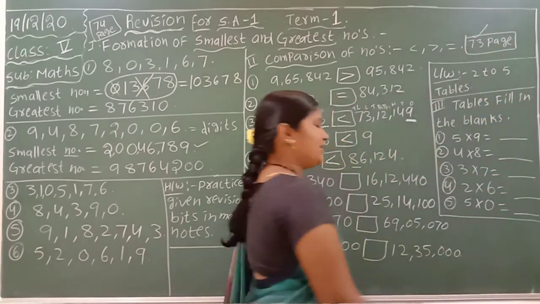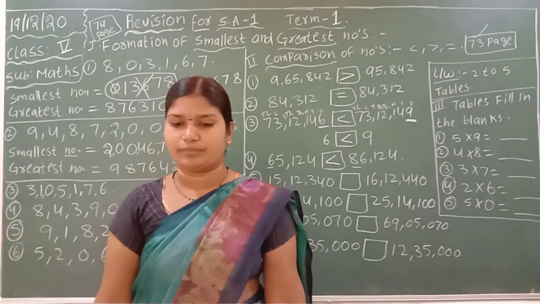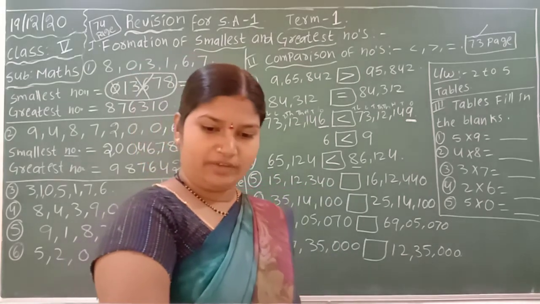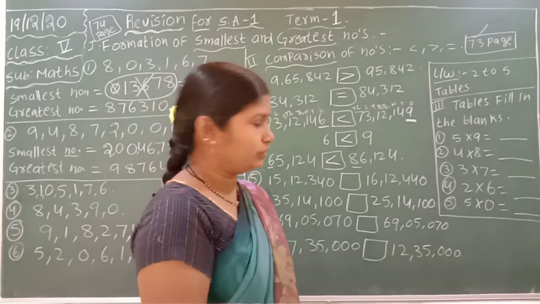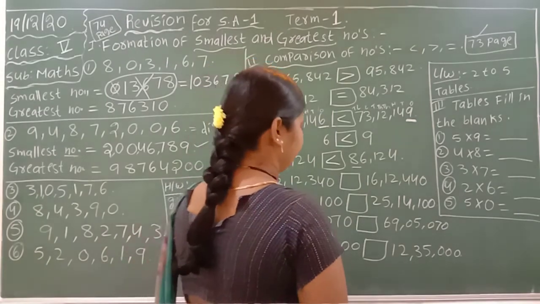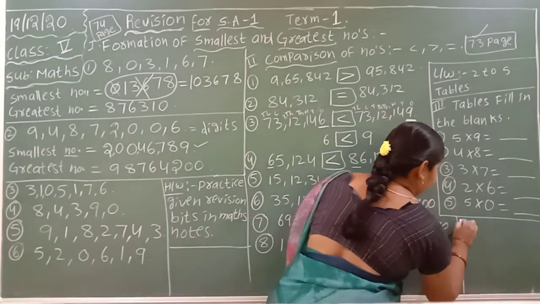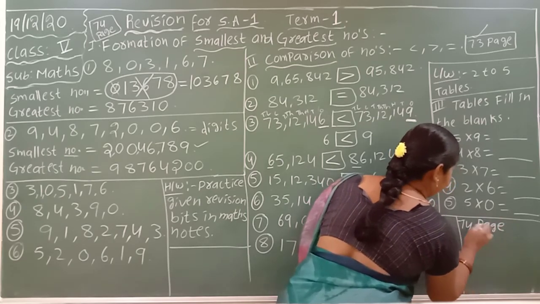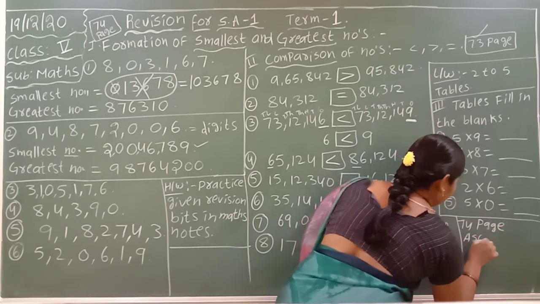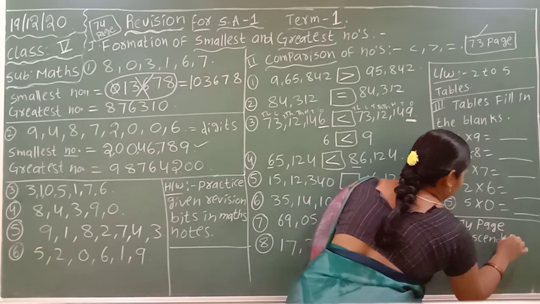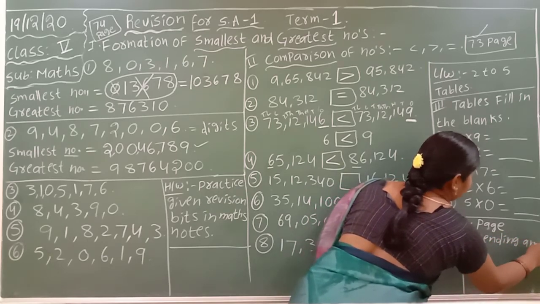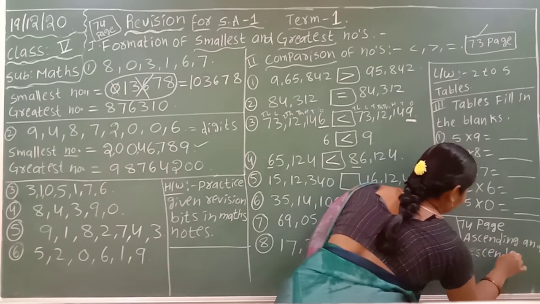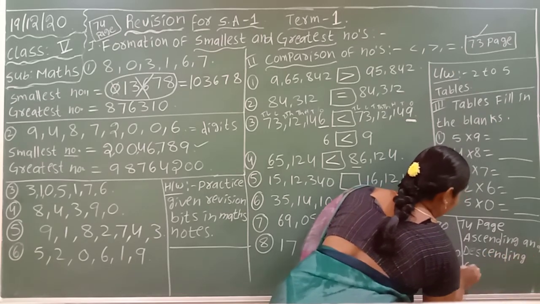Do you have ascending and descending order also? Do you have it on page number 74? Ascending and descending orders.